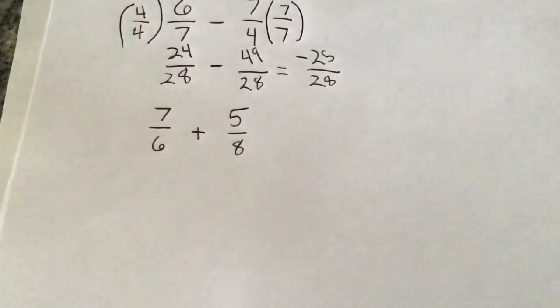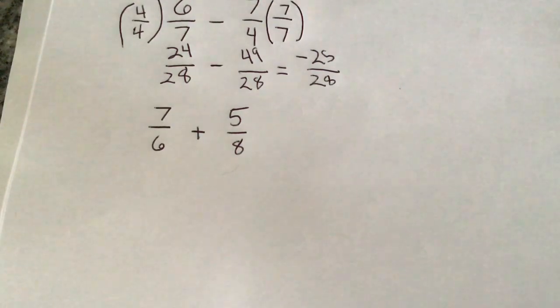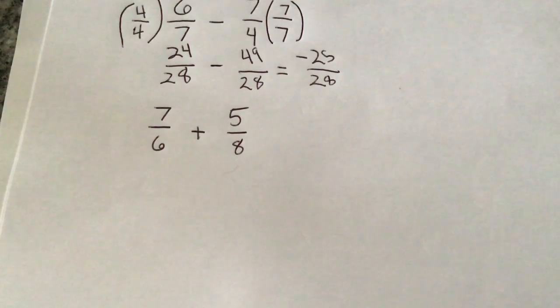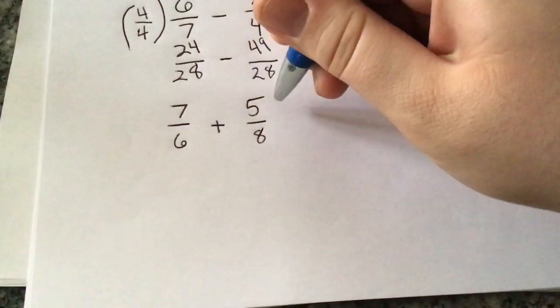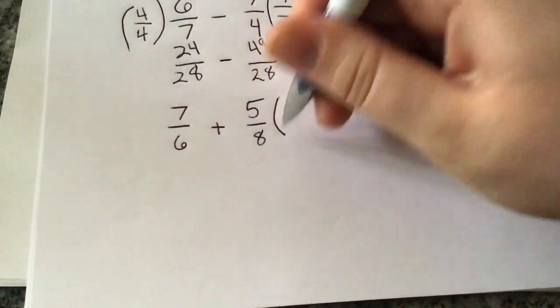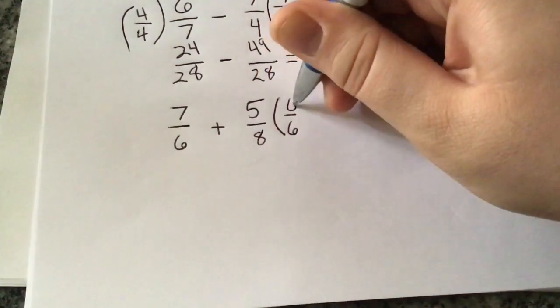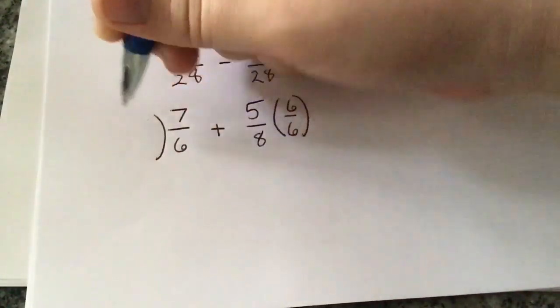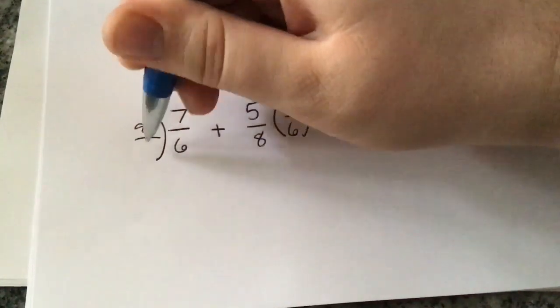Now this last one, the only difference here is that what most of us, I think, would do, myself included, whenever trying to make these denominators match, is go ahead and multiply this one by 6 and multiply this one by 8.